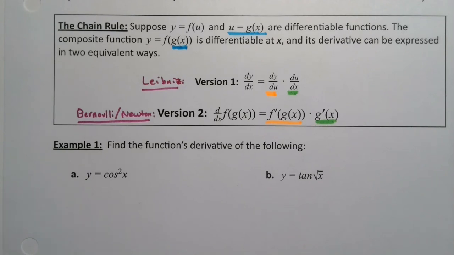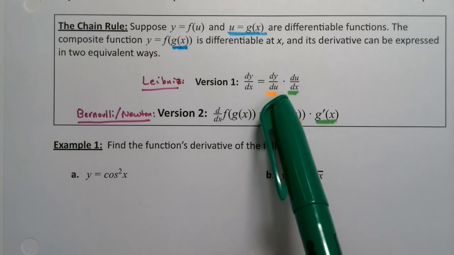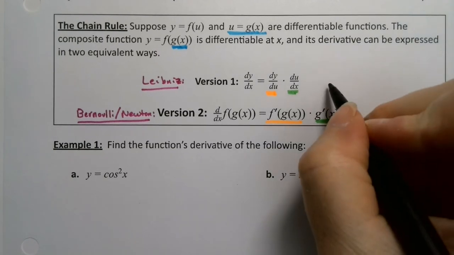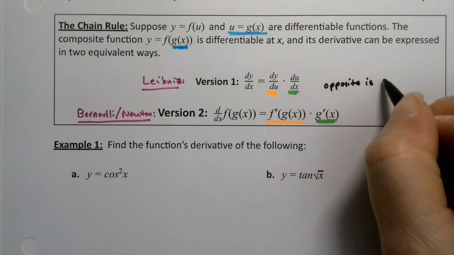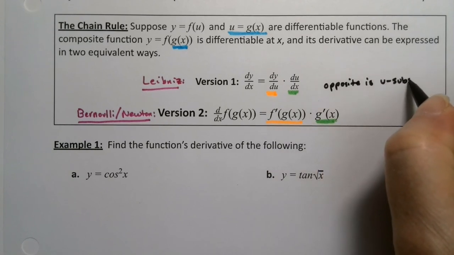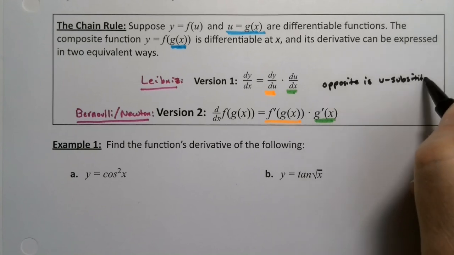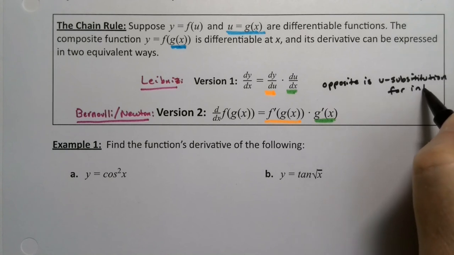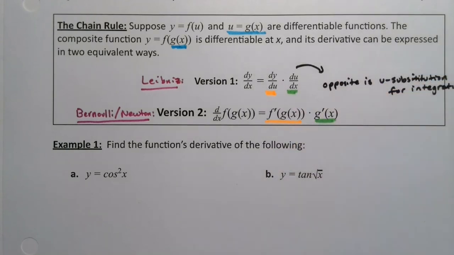And of course, the Leibniz version actually is what leads to its companion on the opposite side. Its opposite, I guess I should say it's inverse, is u substitution for integration. Right?